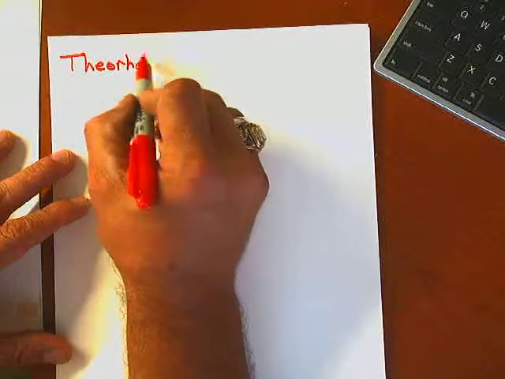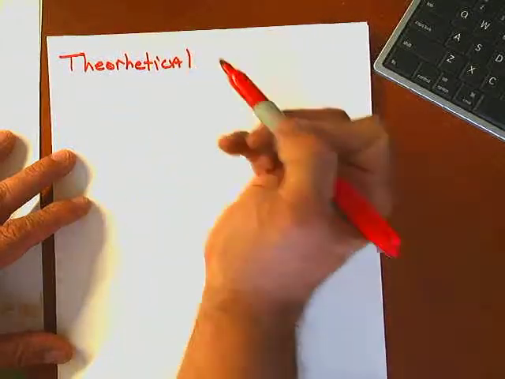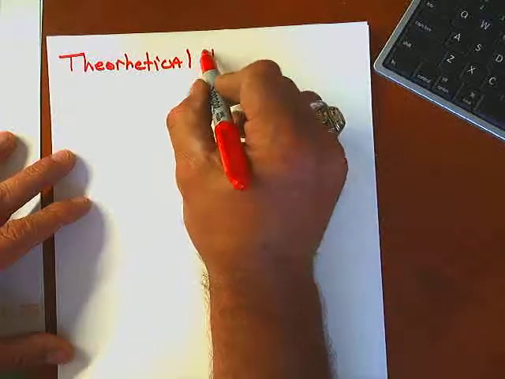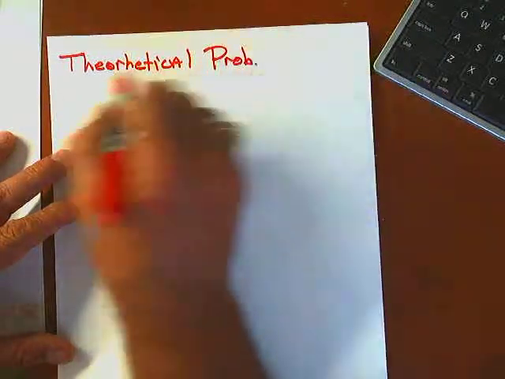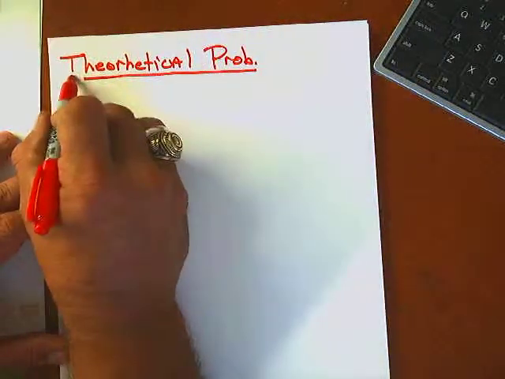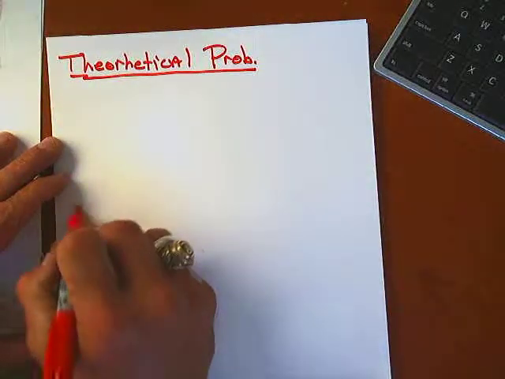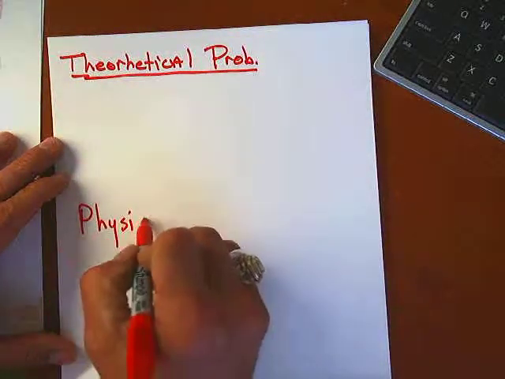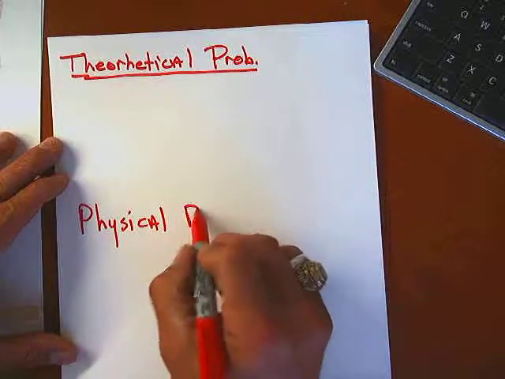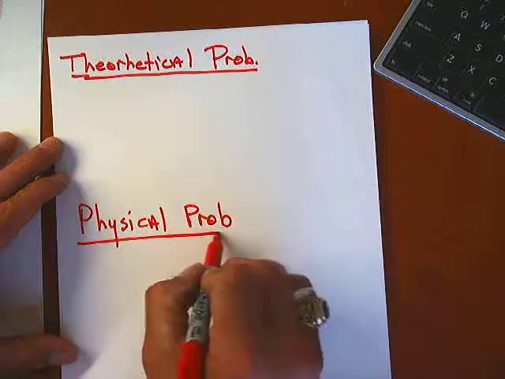Talk about the 2 types of probability. I like to call them the theoretical probability and the physical probability. The theoretical is in theory. I don't even know how to spell theoretical, but I'll do the best I can.